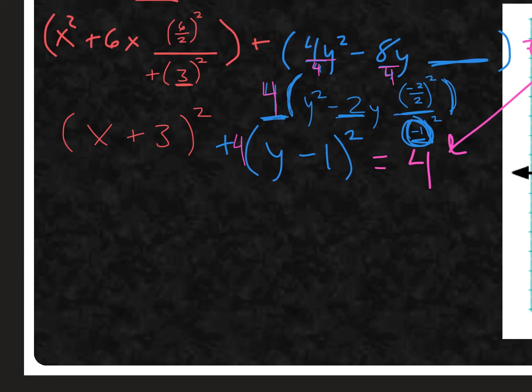And then for my ellipse, I need it to be equal to 1. So what do I have to do to get rid of that 4 on the right side and make it a 1? Divide everything by 4.